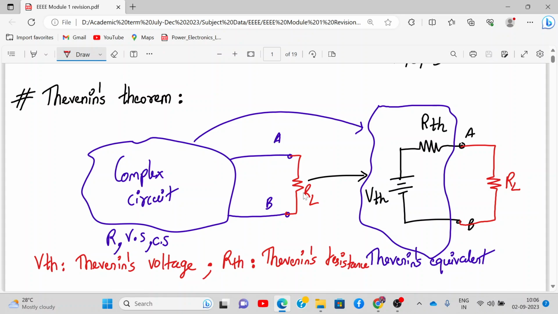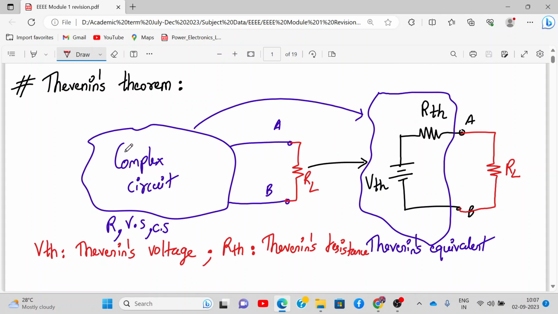Again I repeat, any complex circuit consisting of resistor, voltage source, current source, and you take the points at the output A and B. RL is the load resistor. Now this complex circuit gets converted into a single voltage source in series with a single resistance, that is VTH and RTH.